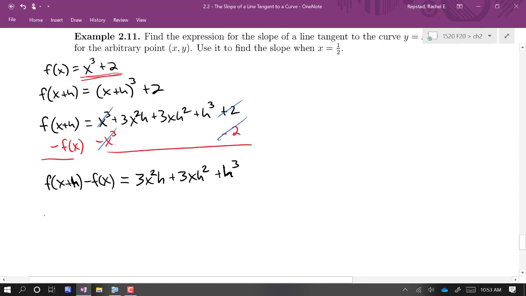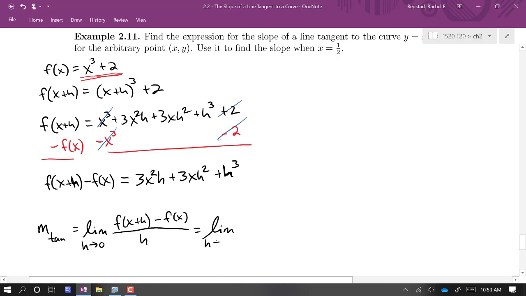And now we're ready to set up the limit. So our m tan is the limit as h approaches 0 of f of x plus h minus f of x all over h. This is the limit as h approaches 0 of 3x squared h plus 3x h squared plus h cubed all over h.